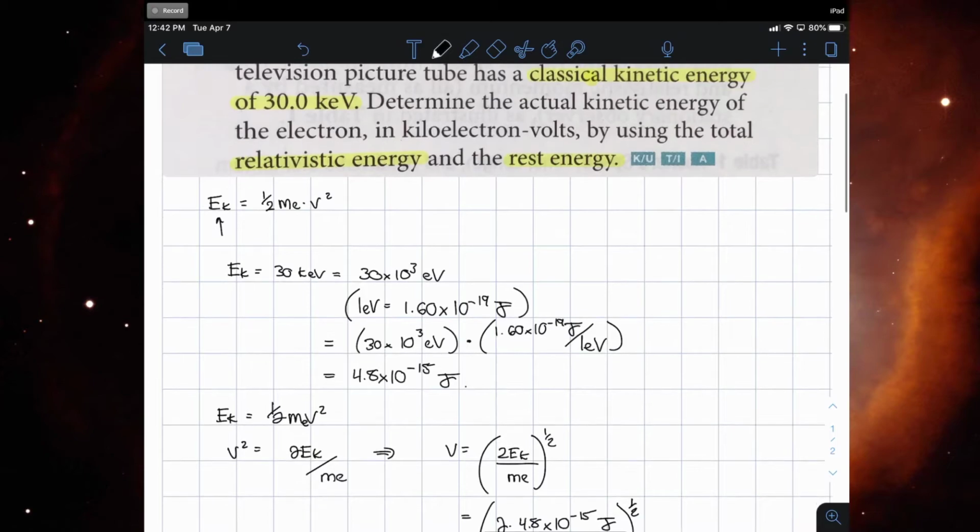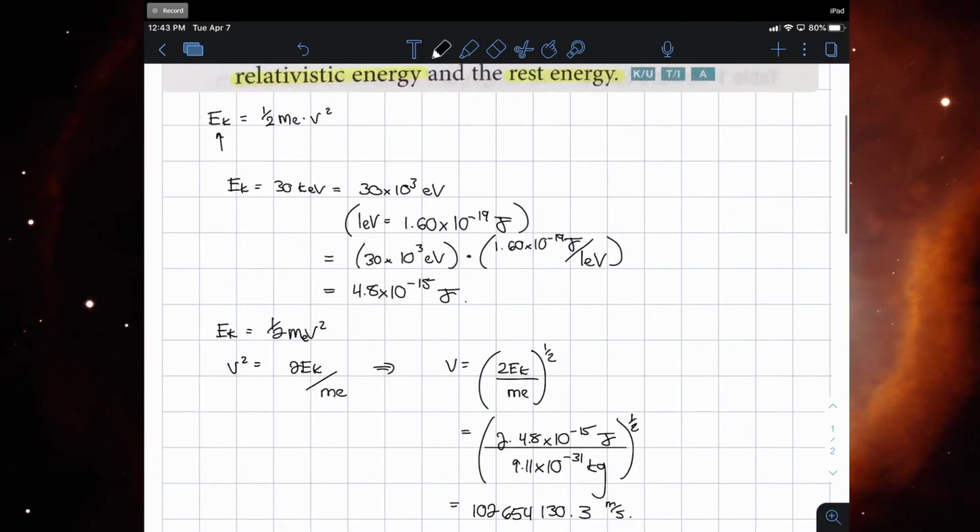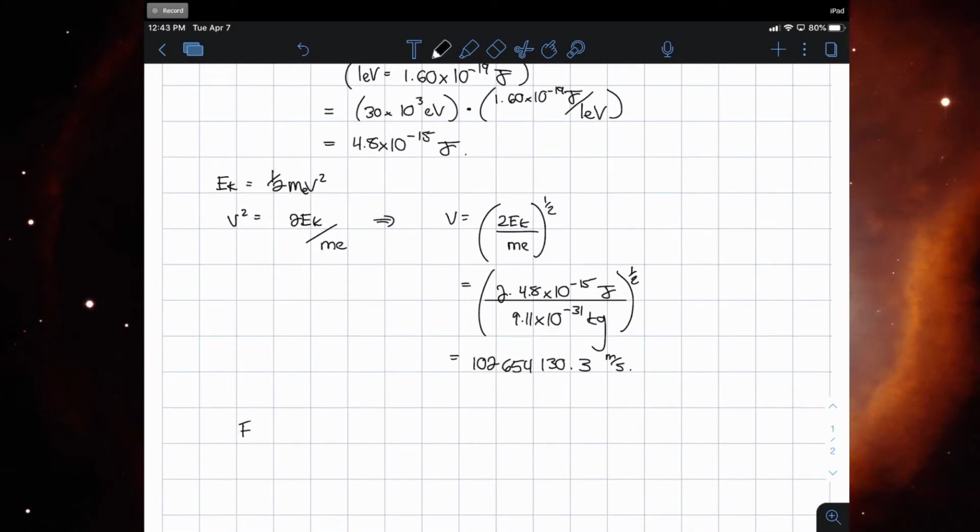To do that, we can use the following formula. The total energy contained within the electron is equal to the rest energy plus the kinetic energy.